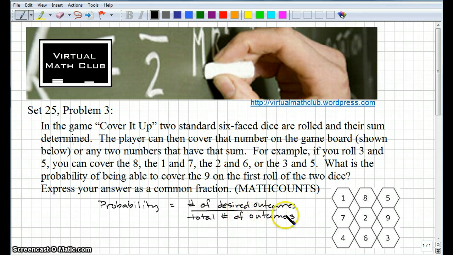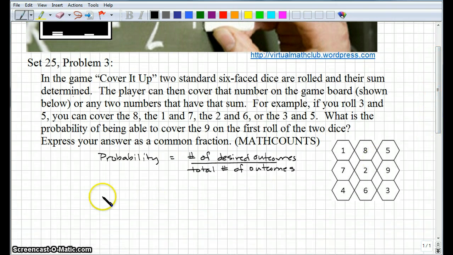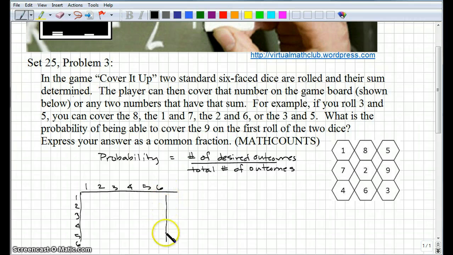So let's first of all take a look at the total number of ways that the dice could come up. And that's not too bad. We have 6 sides, so the first dice could come up a 1 or a 2 or a 3 or a 4 or a 5 or a 6. And the second dice could come up 1, 2, 3, 4, 5, or 6, right? So essentially we have a 6 by 6 matrix here, and we could figure out all of the different ways that the 2 dice could come up.